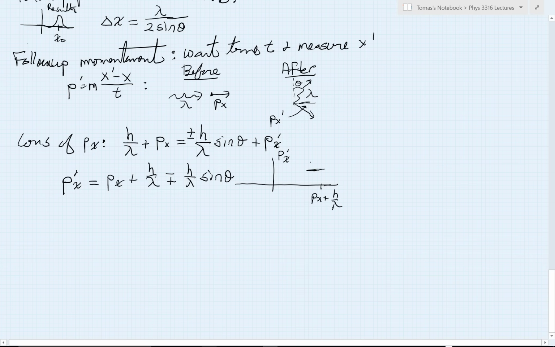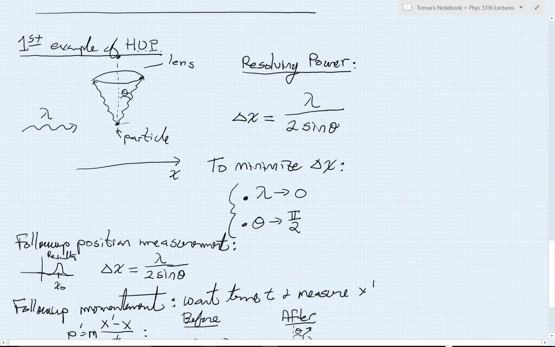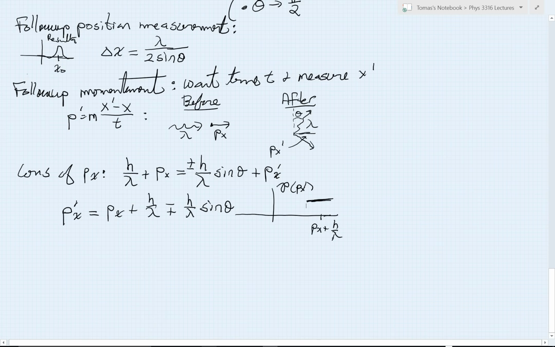So what I'm trying to show you here actually is the probability distribution for this momentum measurement. It'll be maybe constant, right? Because I get a fairly wide range of these angles in here. I don't know the exact shape of the probability distribution for capturing these different angles, but I seem to be able to cover all angles very well because of the way the lens focuses things.